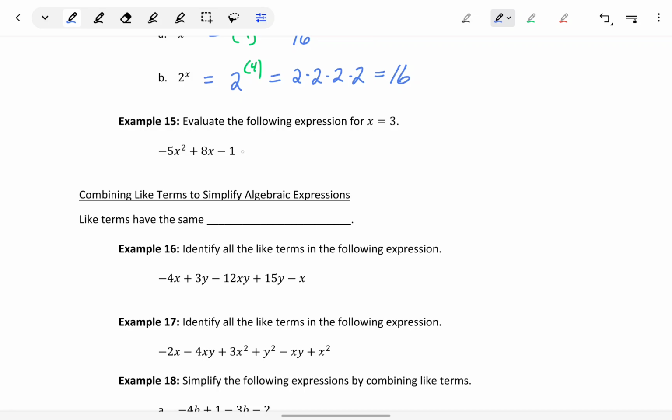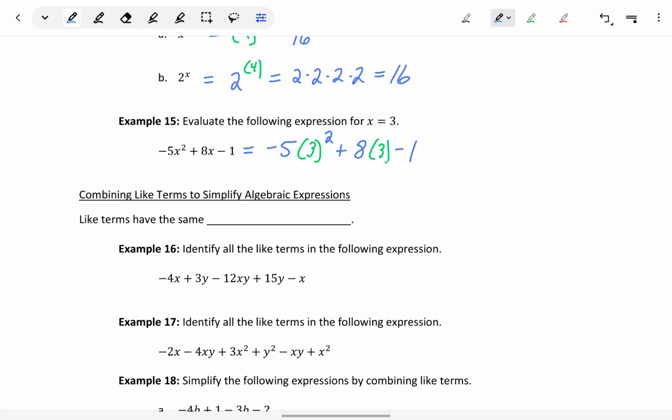Then in example 15, we're asked to do the same thing for x equals 3 with the expression -5x squared plus 8x minus 1. Again, I'll substitute 3 in for x everywhere it occurs in the original expression. And I'll do that in a set of parentheses to help keep track and separate any negatives and things like that that we might run into.